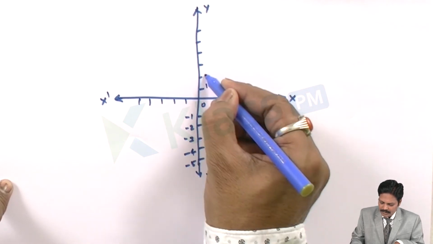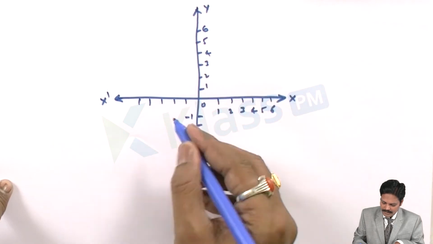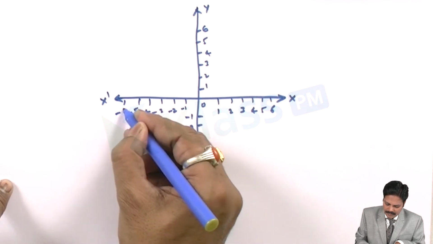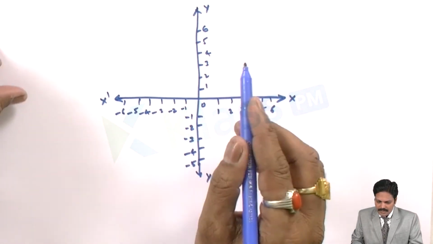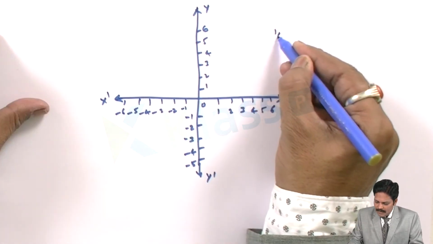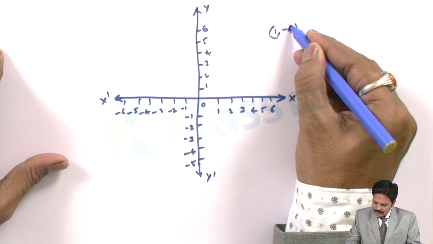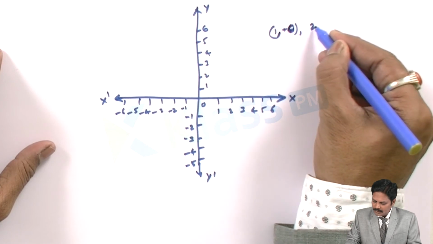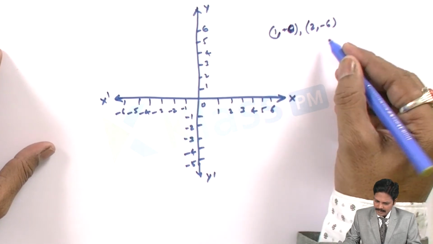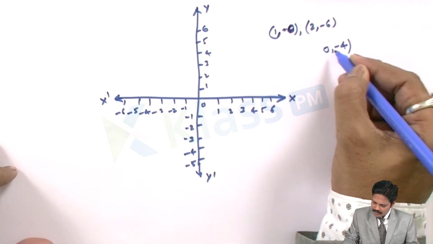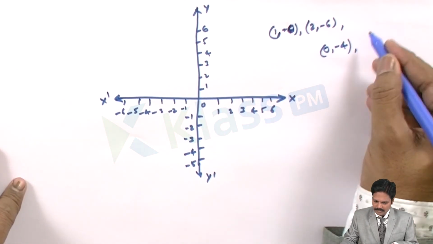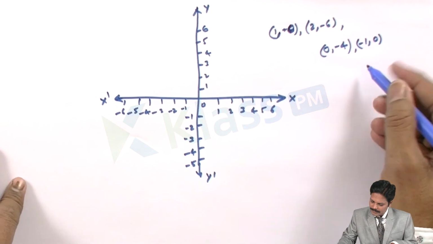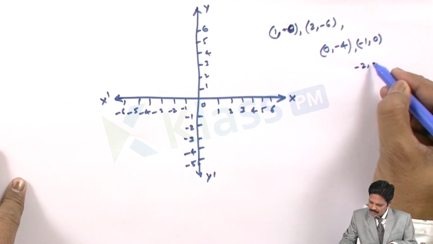Here the values are 1, 2, 3, 4, 5, 6 and here -1, -2, -3, -4 and -6 we are having. So when we are plotting the points, here 1, -4; 1, 0; and the value 2 as -6; and 0 as -4; and again we are having the points -1 as 0 and -2 as 6.